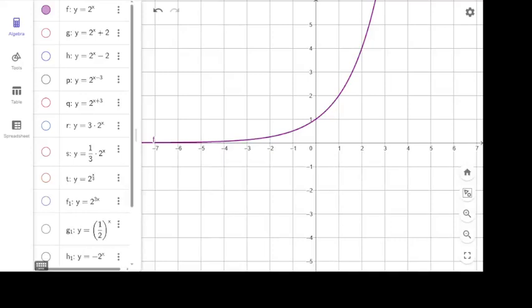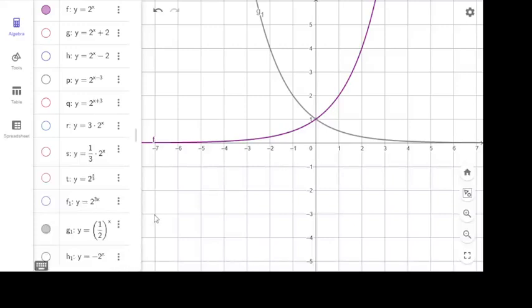Now I will go for this one to show when the base is between 0 and 1. We will see that the function decreases when x becomes larger. So I say the graph decays.